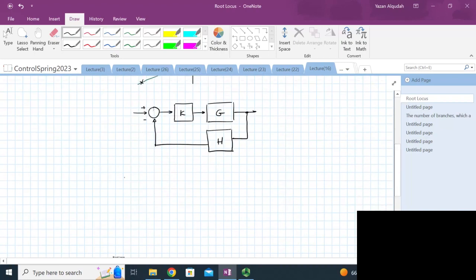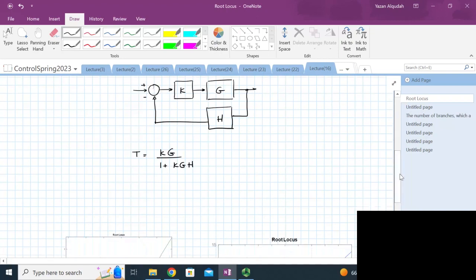If I were to calculate the closed loop system, it's going to look like k multiplied by g over 1 plus k multiplied by g multiplied by h. This is the closed loop transfer function. And therefore, we said the characteristic equation of the system is 1 plus k multiplied by g multiplied by h equal to 0. If I solve this equation, it's going to give me where the poles of the closed loop system are. Make sense? Okay.